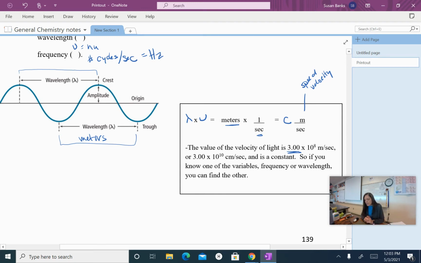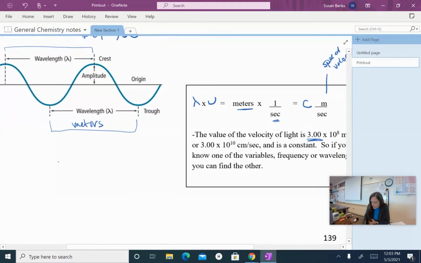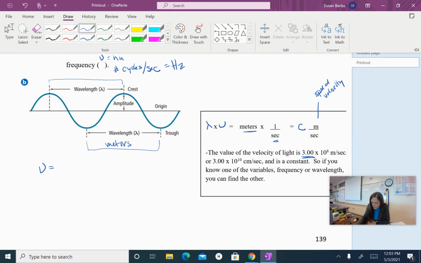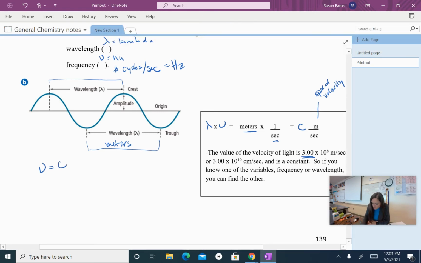So if I know wavelength, I can isolate it to frequency. So for example, if I know wavelength and I want to know frequency, my frequency is going to be the speed of light divided by wavelength.